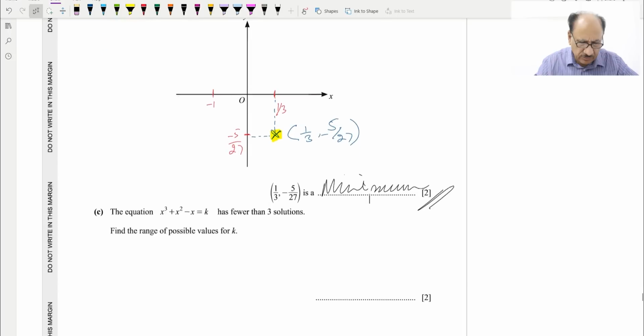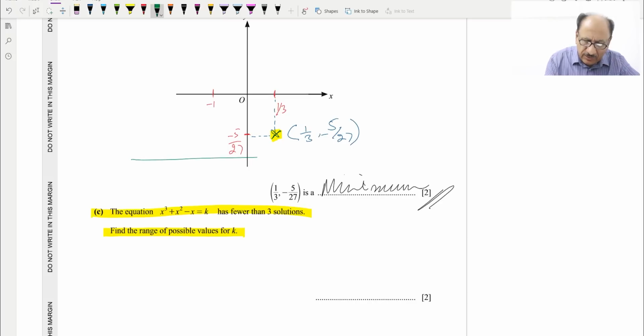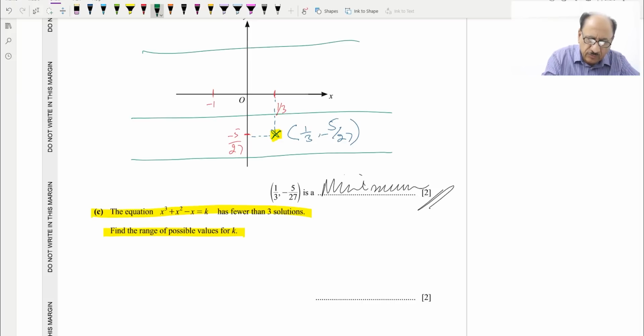Next is part C. The equation is this one, has fewer than 3 solutions, find the range of values. So if you draw a line lesser than this, we will be having one intersection, and here it will be 3 solutions, and here it will be one solution again.